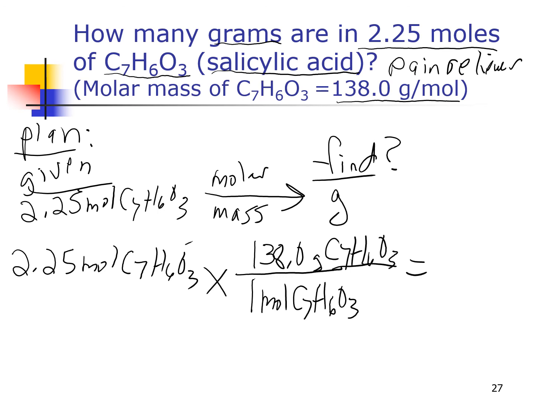Now we can cancel the mole units, and we just multiply 2.25 times 138.0, and that gives us an answer of 311 grams C7H6O3.